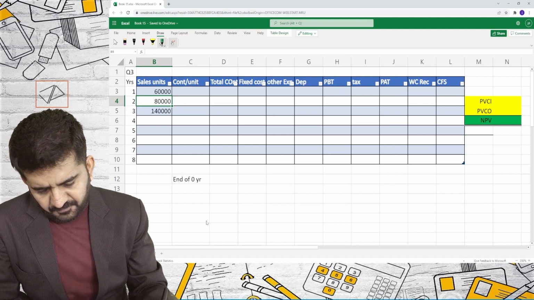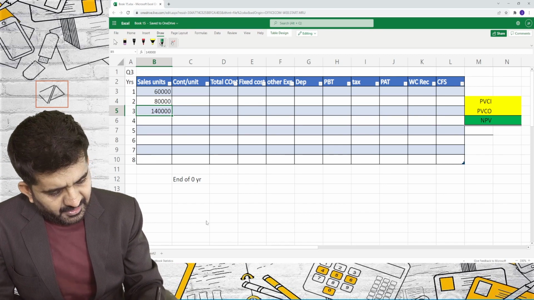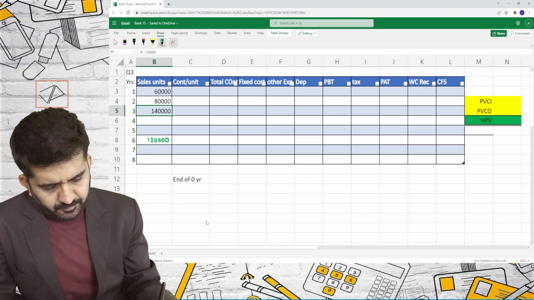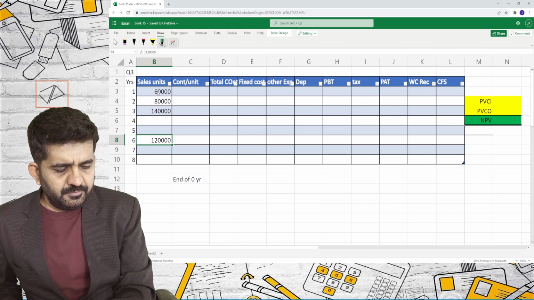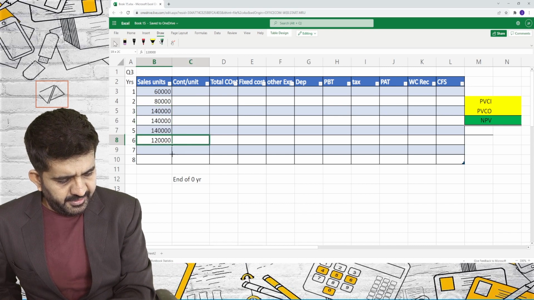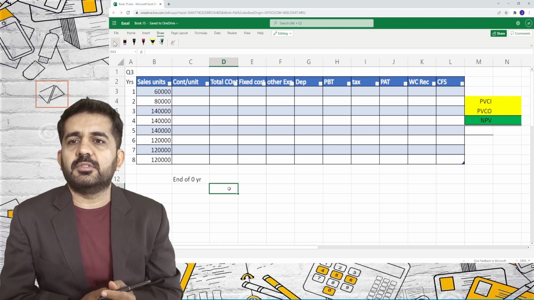Sixth, 7th and 8th is 1,20,000. This is sales in units.